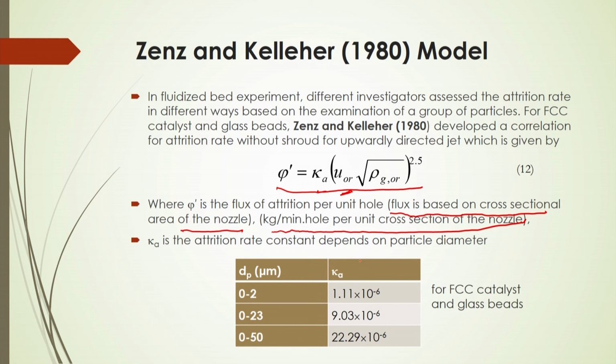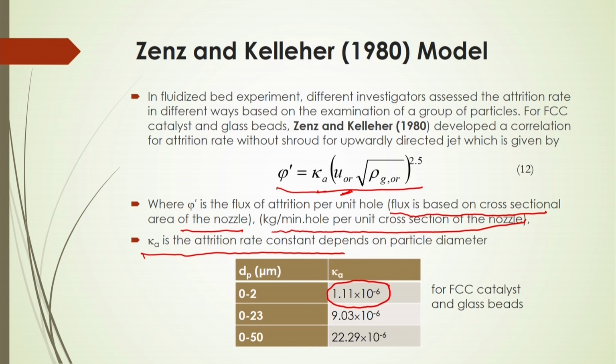So, this K A, that is the attrition rate constant, depends on the particle diameter. You will see that for 0 to 2 micrometer particle diameter, this attrition rate constant will be equal to 1.11 into 10 to the power minus 6 as per their experimental data.